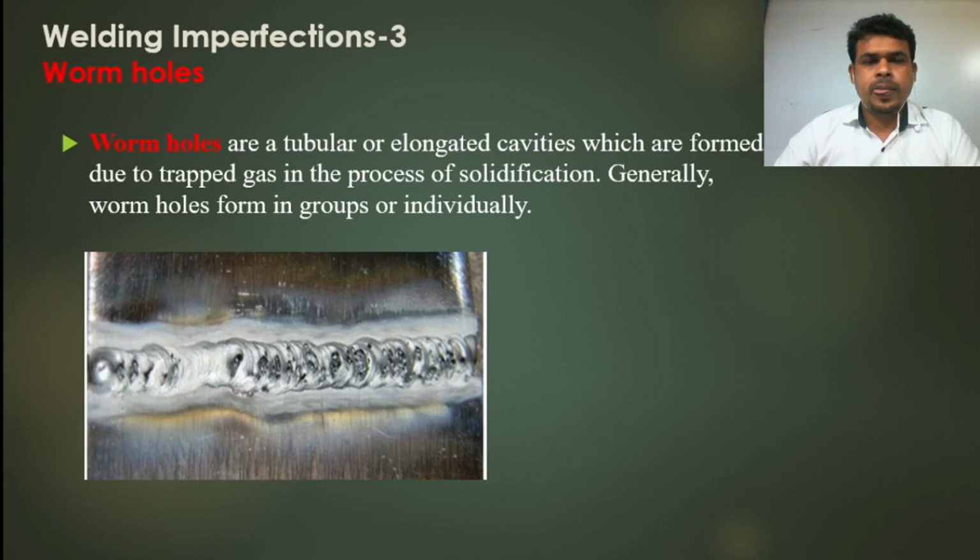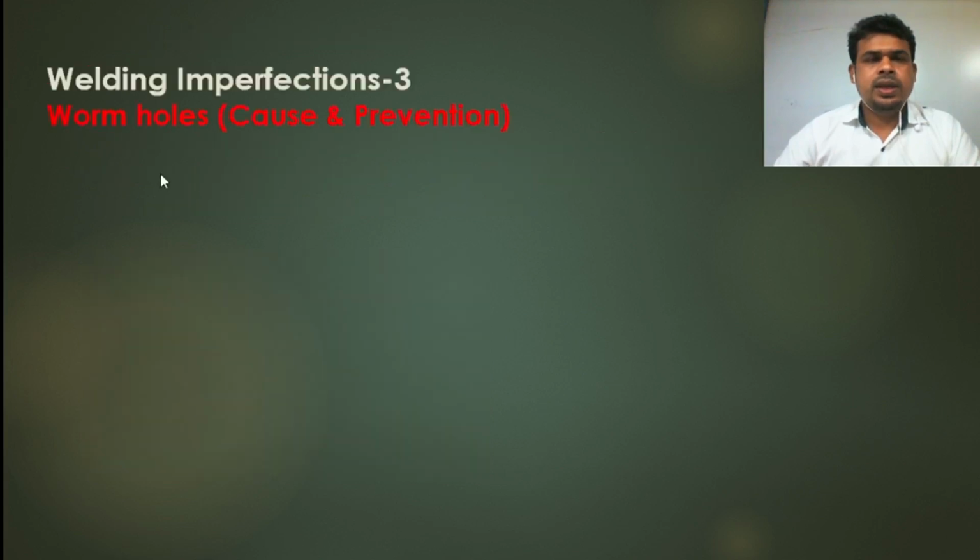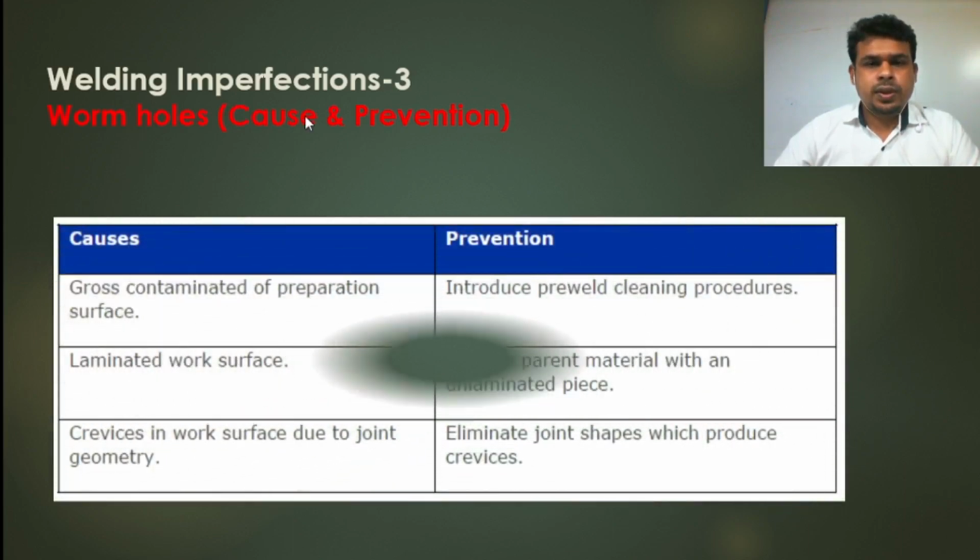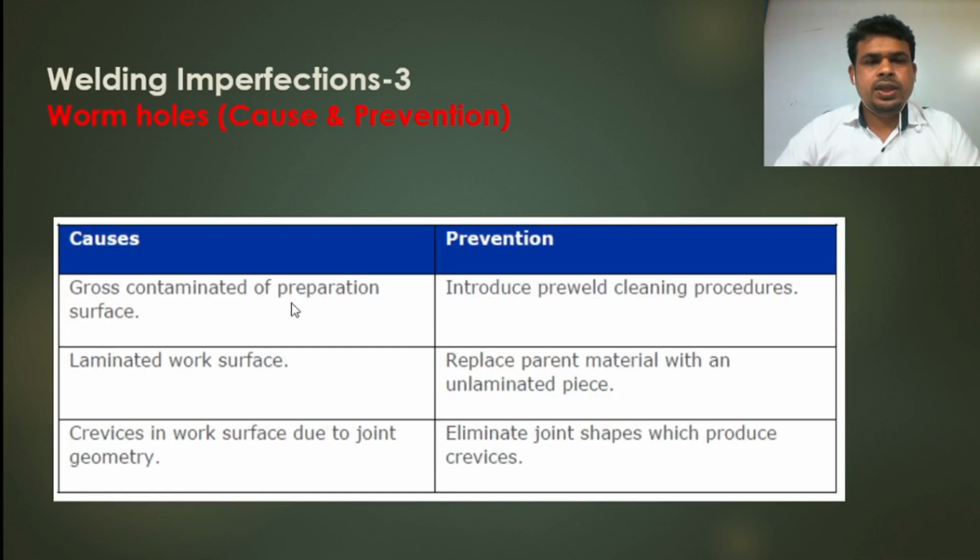Then another thing is the cause and prevention of wormholes. Same as gas pores, why does this happen and how do we prevent it? The causes are gross contamination of the preparation surface, same as the previous one.